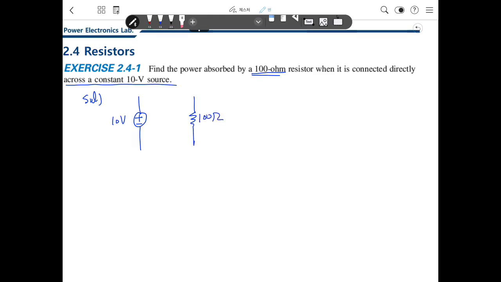When it's connected directly, it means it is connected directly this way. Then find the power absorbed by the resistor. To calculate the power, what should we do? Power is voltage times current. The power here is P, voltage times current.